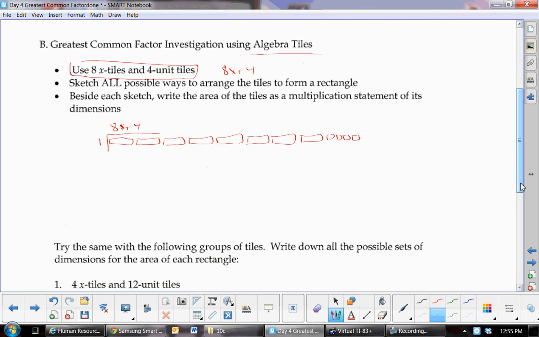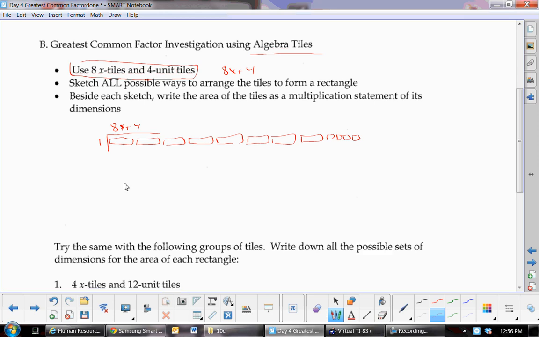Now, what is another way that we could arrange our tiles to make a rectangle? Have like 4x, 4x. Okay, well, I only can deal with these guys here. I have 8 of these, and then these little guys. So I can't even make x squareds. No, I mean like 4 and 1 row and 4. Yeah, so you want to go 4 and 4.